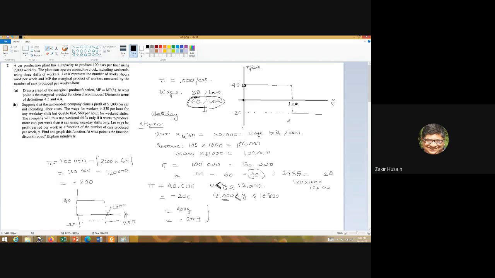Okay, question number 8 is also very interesting. And those who are new, I would suggest that you please read section 4.2. Question number 8 is almost similar to this problem, right?